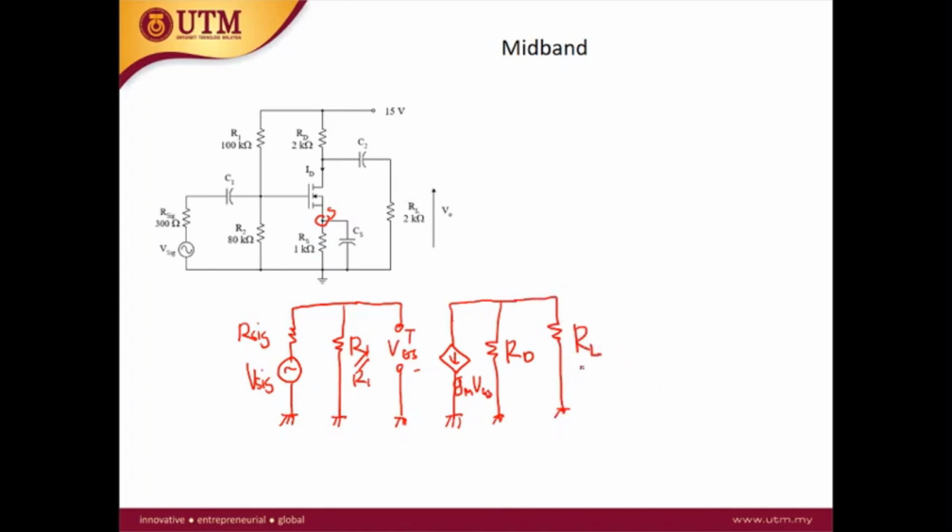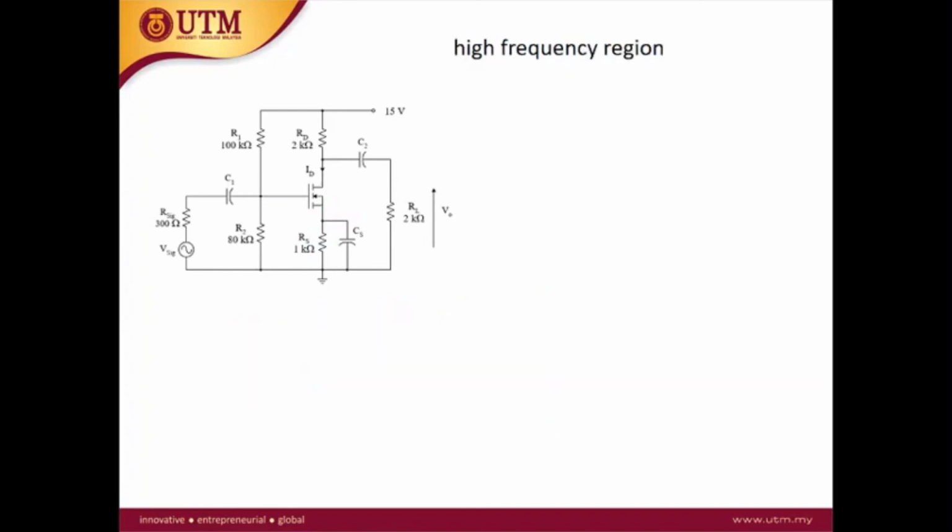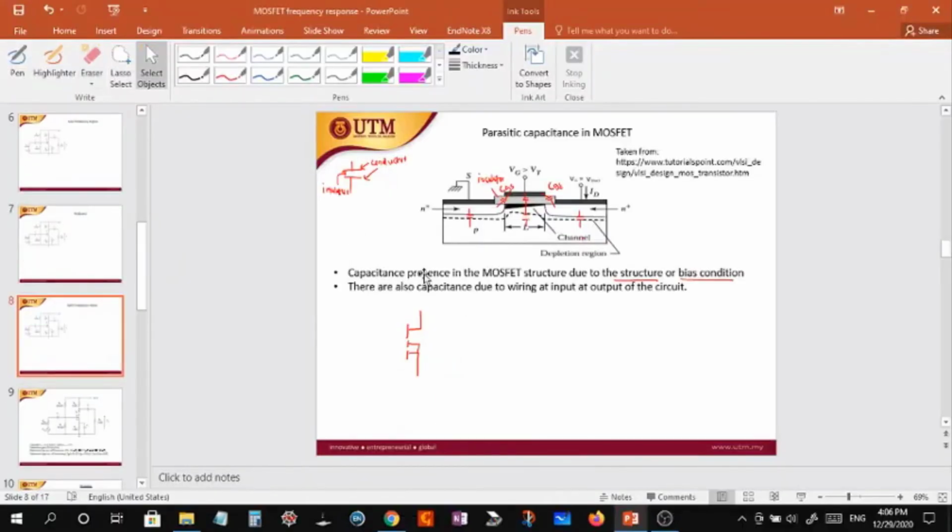Okay, when we move to the high frequency, what happens? From the mid band, we need to add all the parasitic capacitance. So at the high frequency, we consider the mid band. This is your V signal, R signal. This is R1 parallel with R2.